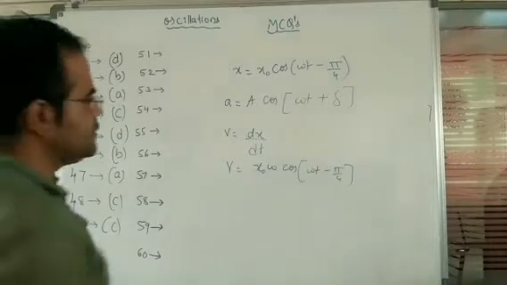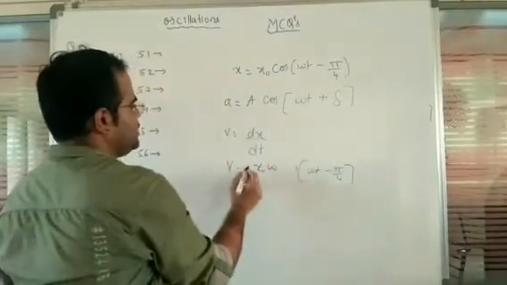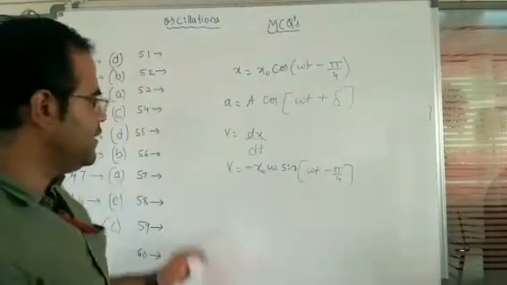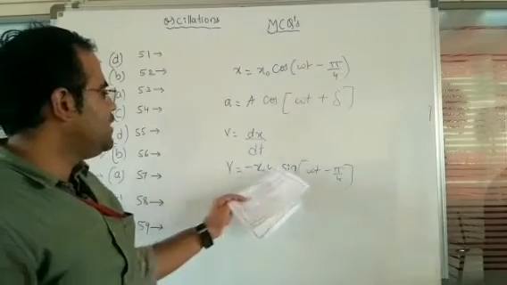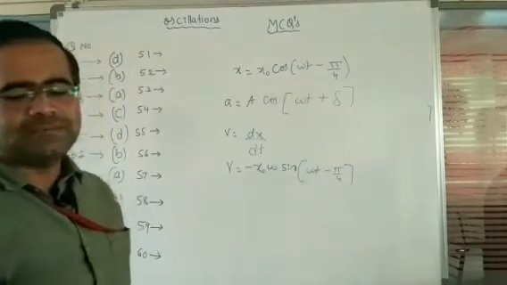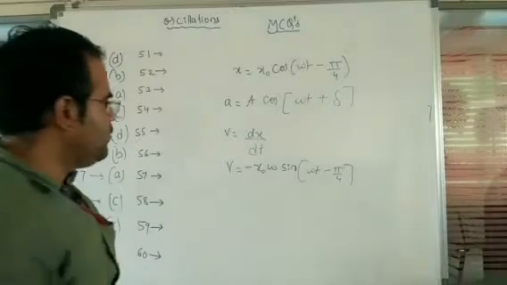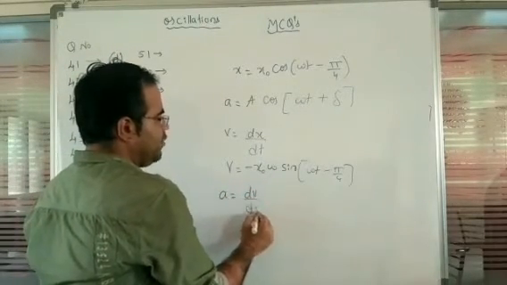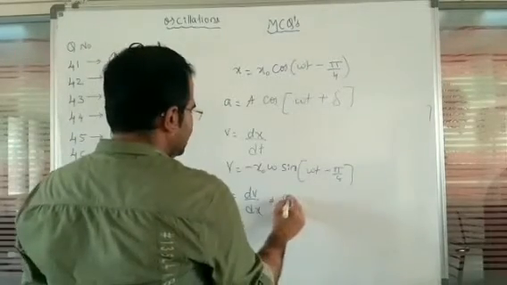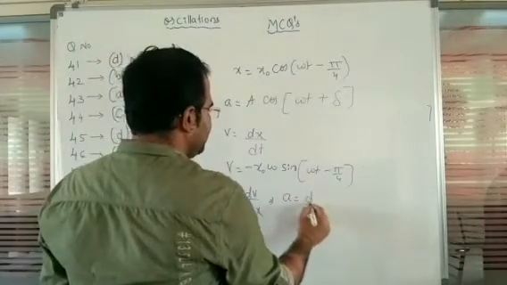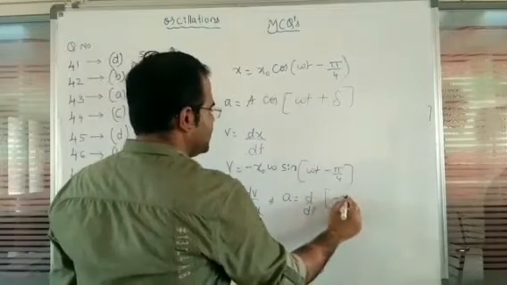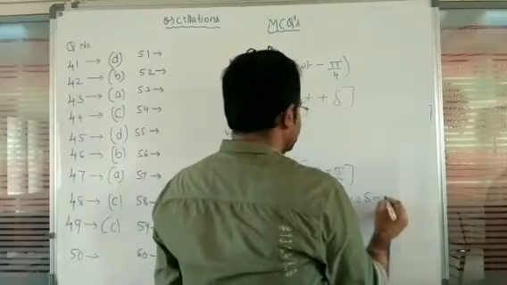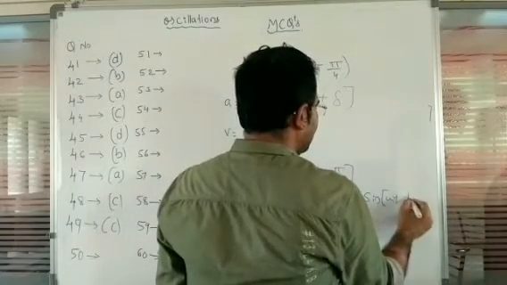The differentiation of cos is minus sine here: x naught omega, minus of sine of omega t minus pi by 4. Again, when we make one more differentiation, acceleration is equal to what here? dv divided by dt. This implies a is equal to, now the differentiation, that is minus x naught into omega, multiplied by sine of omega t minus pi by 4.